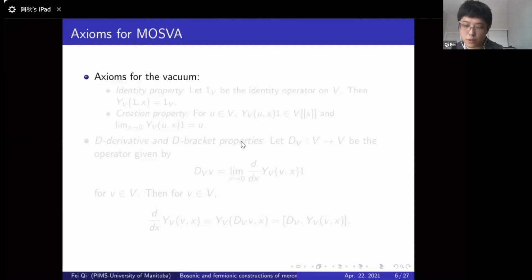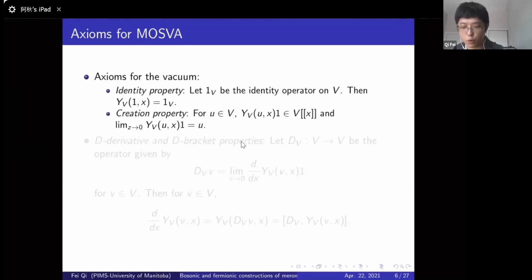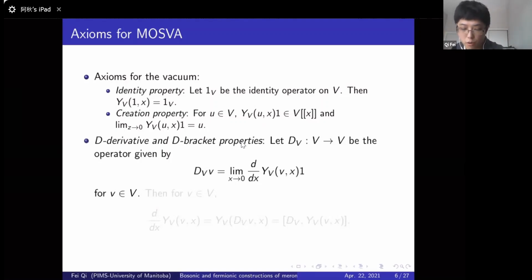Okay, so the next set of axioms is for the vacuum. We require the identity property and creation property as usual, so I won't go over this in detail. Then the next requirement is the capital D derivative and capital D bracket properties. The capital D is defined by this formula. In components, it simply says Dv equals v_{-2}1.